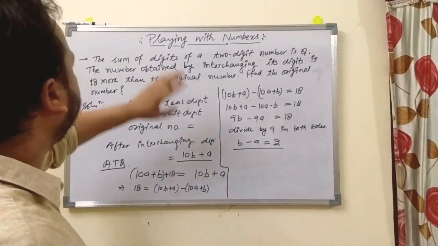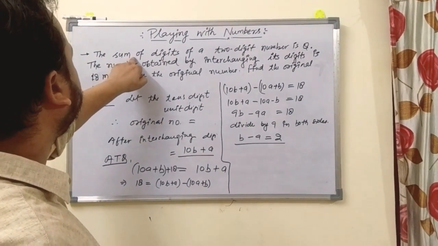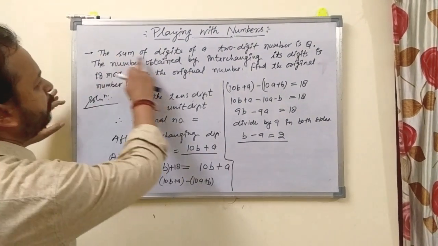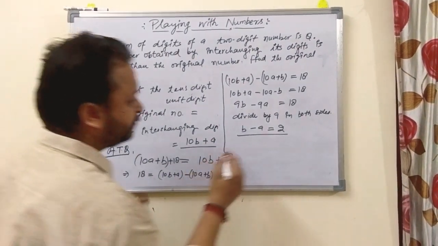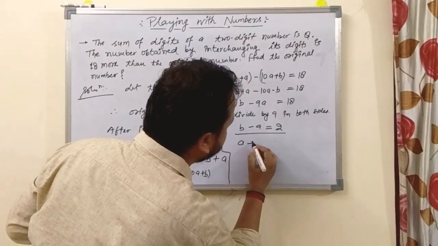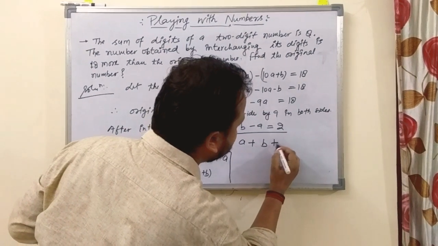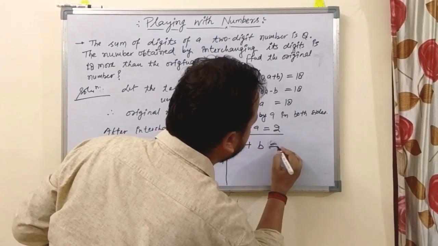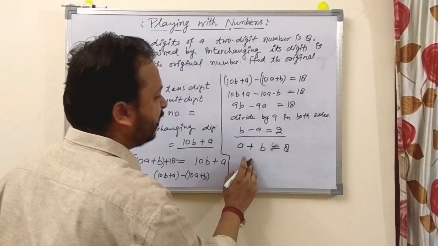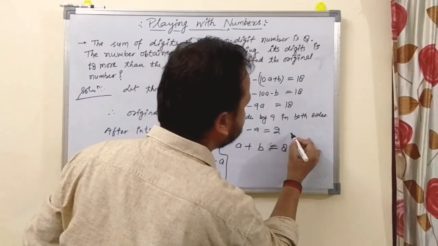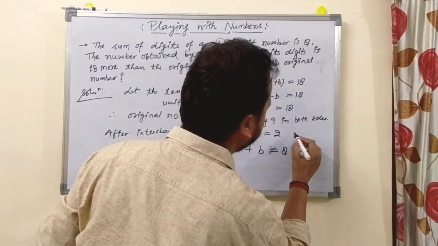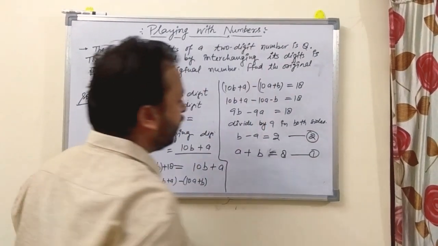And one more thing, the first line is saying the sum of the digits of a two digit number is 8, means A plus B equals 8. And you have an equation B minus A equals 2. Suppose this was equation 1, this was equation 2.